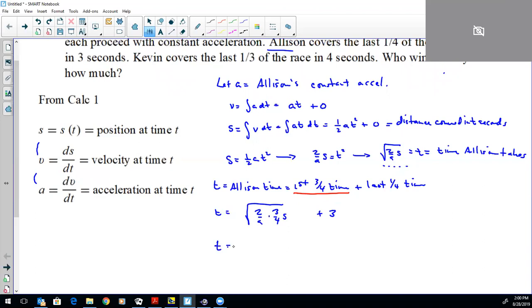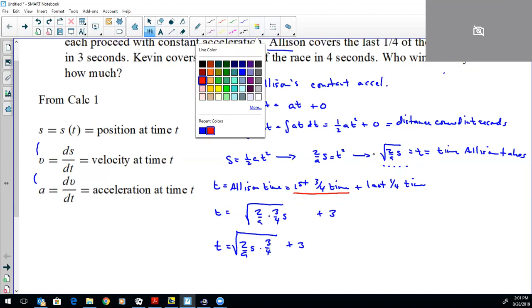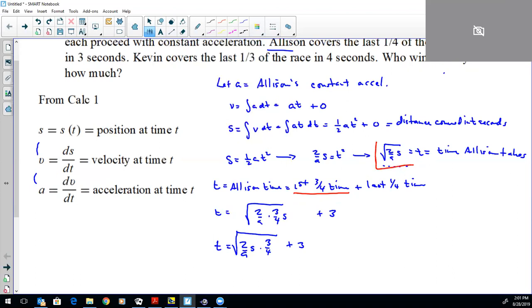Actually, this is kind of curious here. The time Allison takes is the square root of 2 over A times s times 3/4, plus 3. But wait a minute, what did we already say this was? We said up here that Allison's time was this. So let's plug that in.